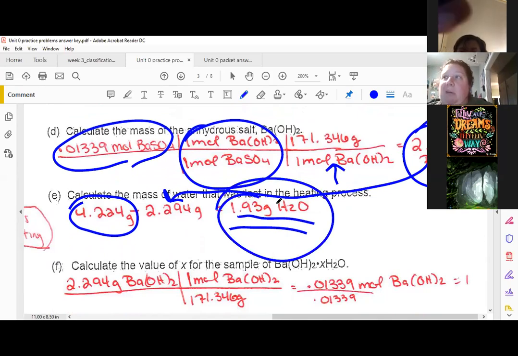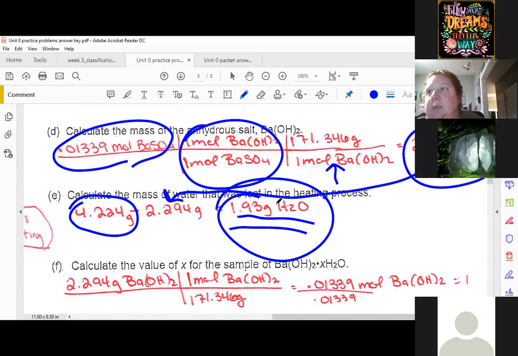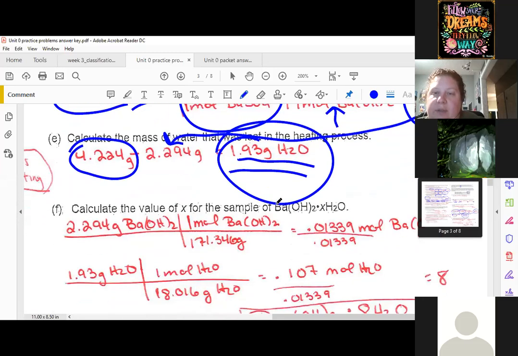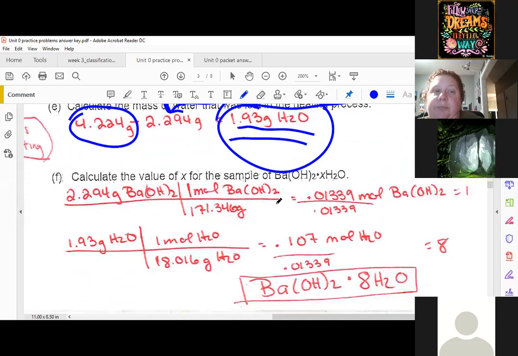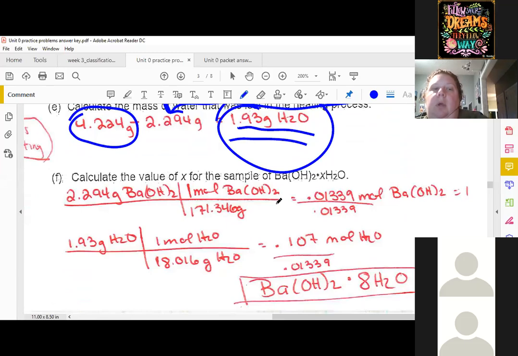I'm going to do an empirical formula problem with whole molecules instead of with elements, which is a little funky, but it's going to work out the same way because we're still trying to find that ratio. So if I have the barium hydroxide, I had 2.294 grams of the barium hydroxide. I turned that into moles.